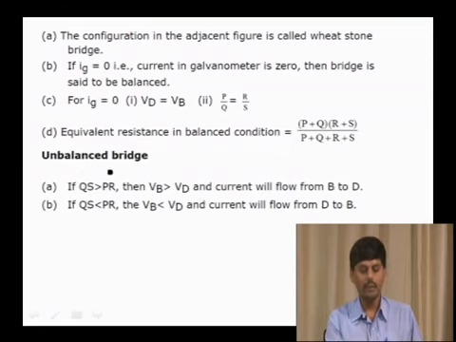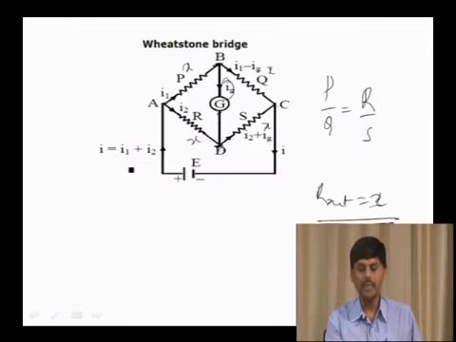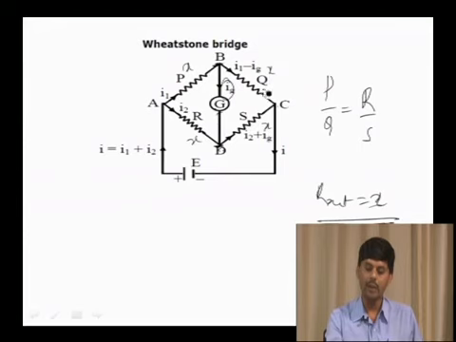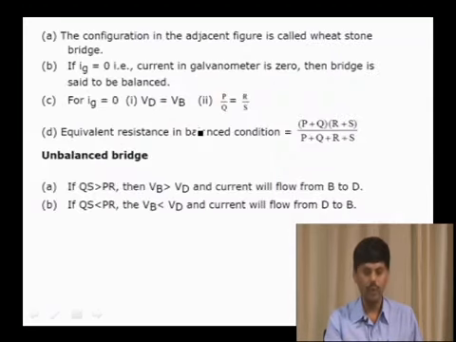Suppose the bridge is not balanced. See, this is the value of Q, this is the value of S. You multiply these two, one product, and multiply these two, the second product, and you observe this.